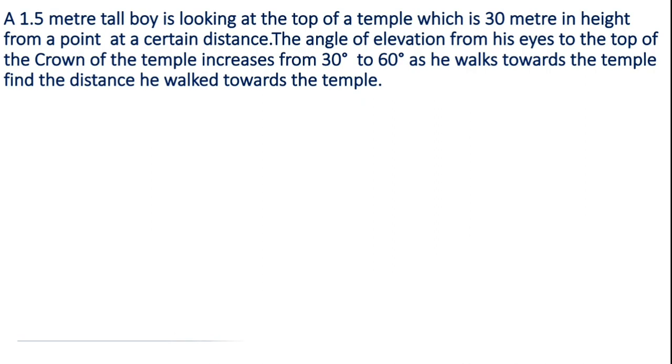Consider this line indicates the earth. Now on the earth we have to draw the temple. So draw a line like this, and this line AB indicates the temple. Given that the height of the temple is 30 meters, so consider this line indicates the height of the temple.